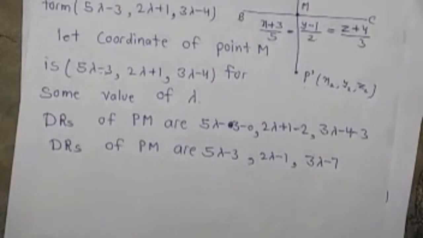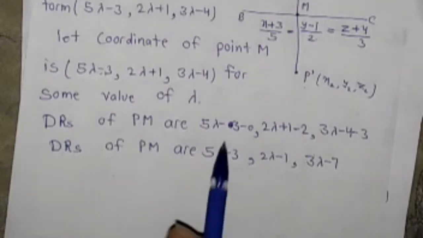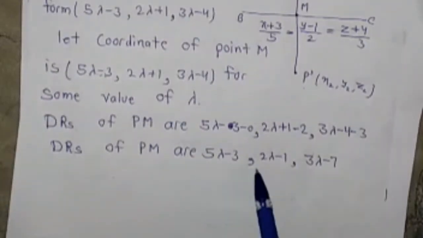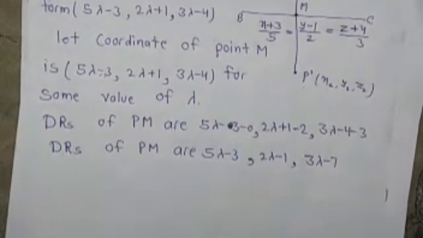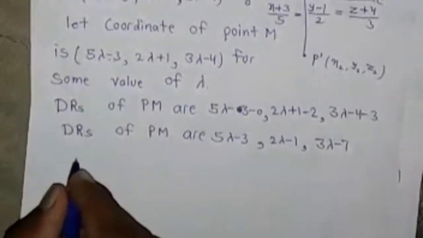It is direction ratio of PM. Since PM is perpendicular to BC, the product of direction ratio of BC and direction ratio of PM is equal to 0.